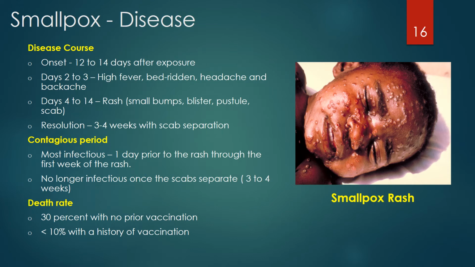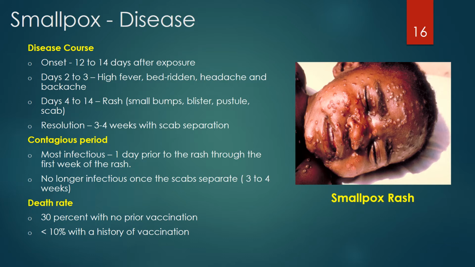This slide summarizes smallpox disease. The incubation period, or time from exposure to disease onset, was in most cases 12 to 14 days. With disease onset, there was generally 2 to 3 days of high fever, prostration, headache, and backache.